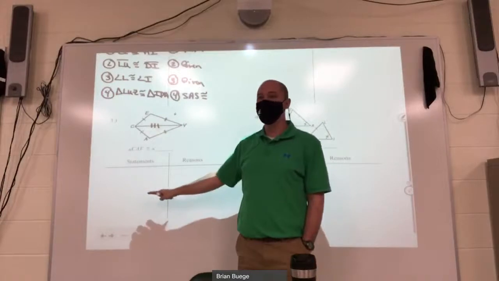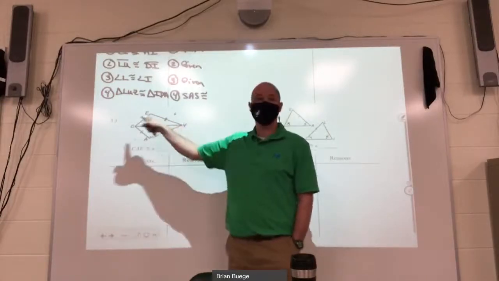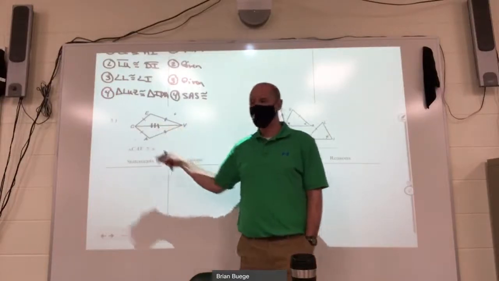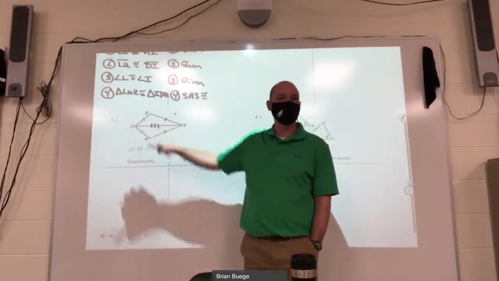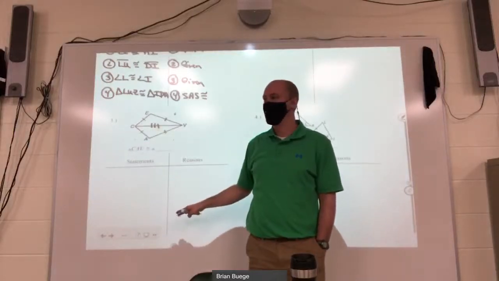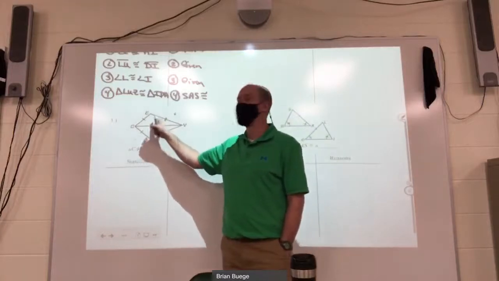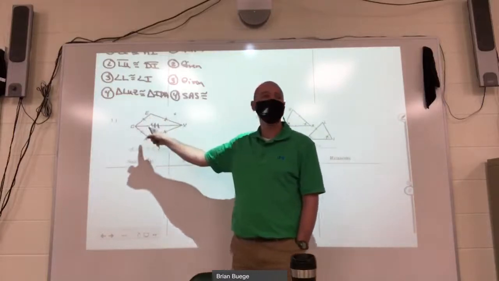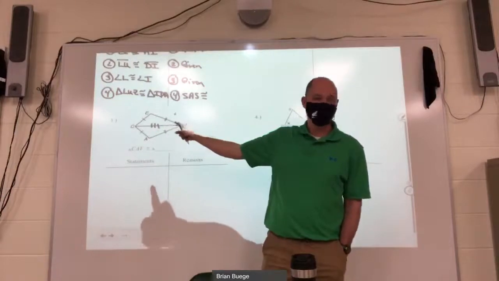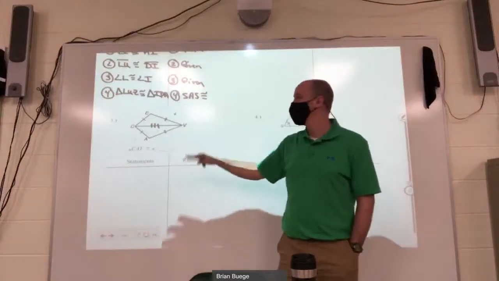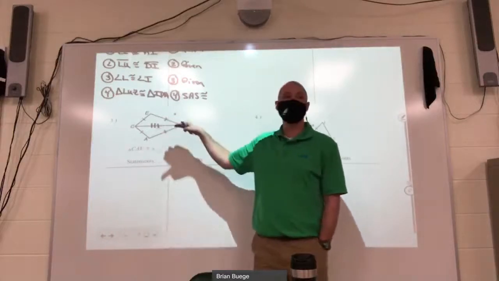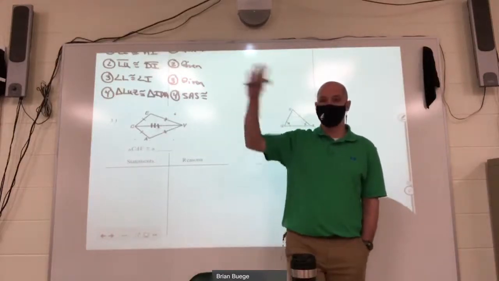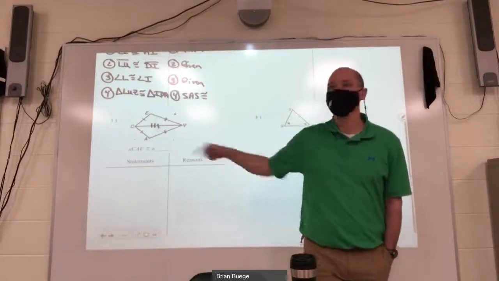So in your proof, you would say segment CV is congruent to segment CV, either because of the reflexive property, or, as I told you before, you could just put down shared side, and that's fine. And then these 2 triangles are congruent by side, side, side congruence. So again, this should be 4 steps for each set of congruent sides, and the 4th one being that the triangles are congruent by side, side, side.